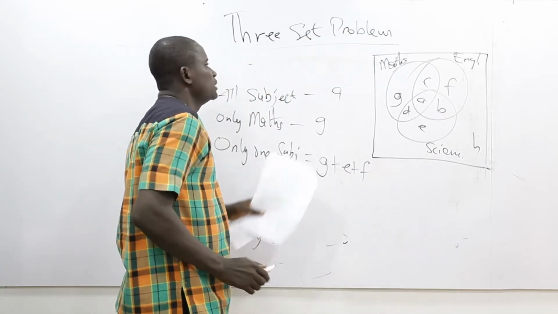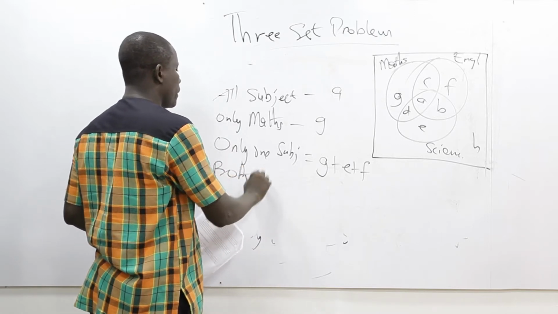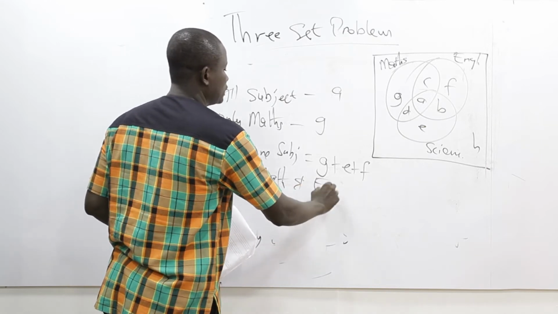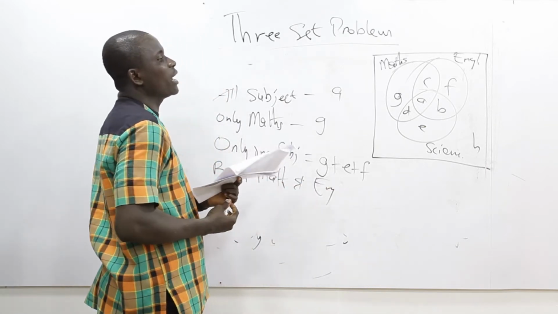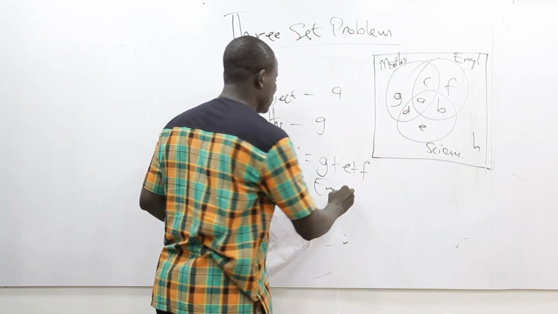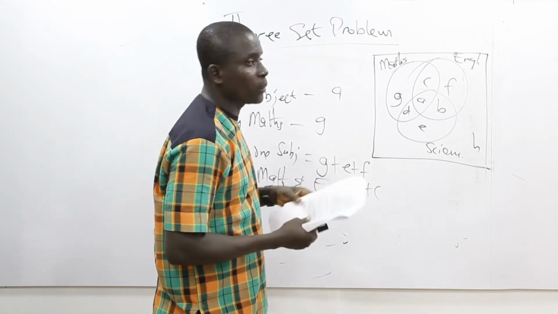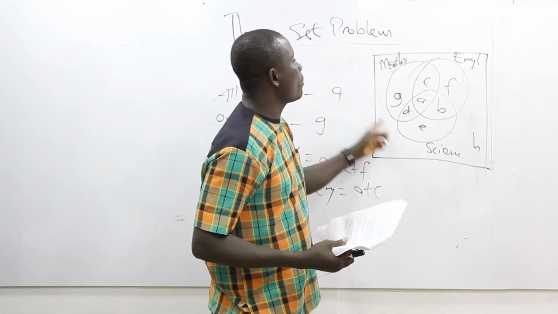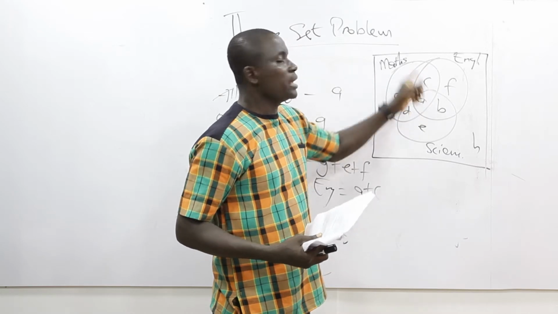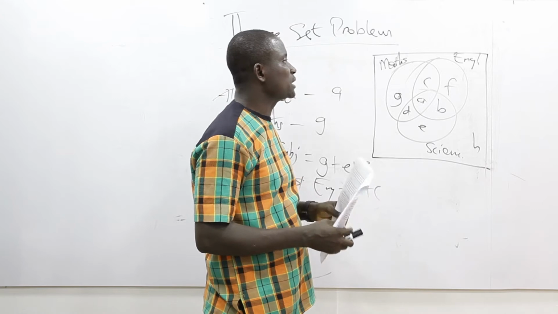Now, when we ask you both maths and English, it's going to be A plus C. Why am I saying that? This is a circle for maths, a circle for English, and the intersection is A and C. So A plus C is both maths and English.